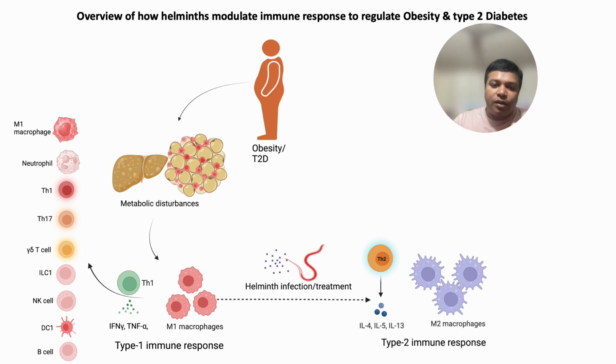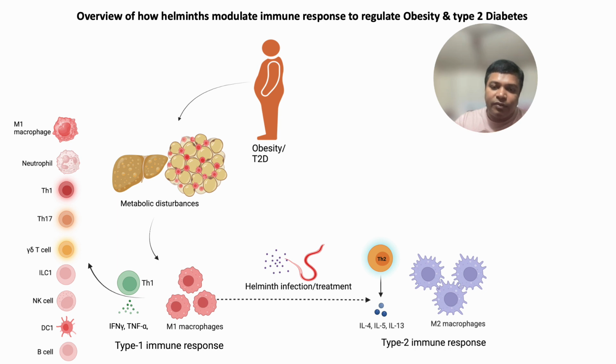The other cell involved is the T cell. Here you can see that during inflammation there was helper type 1 T cell, but here it's type 2 helper T cells that are involved in anti-inflammatory responses. They also secrete cytokines like IL-4, IL-5, and IL-13 that are important for the anti-inflammatory scenario.